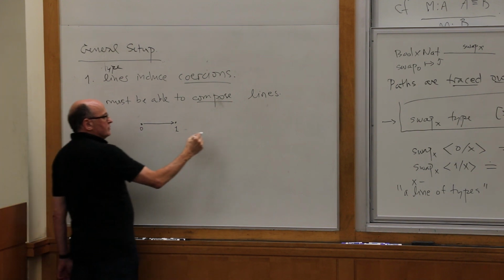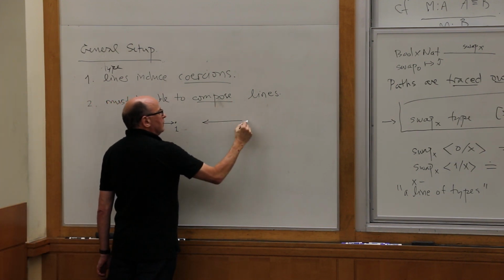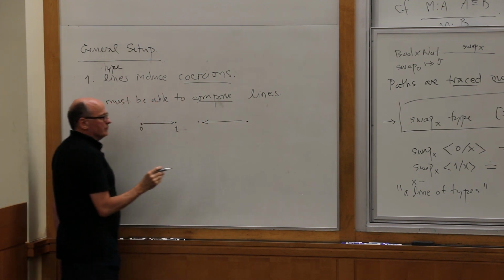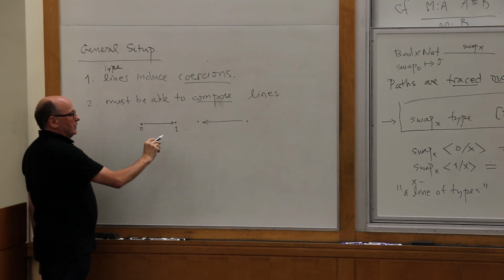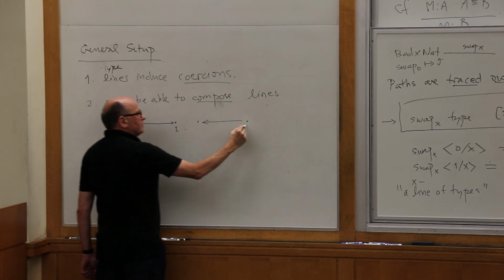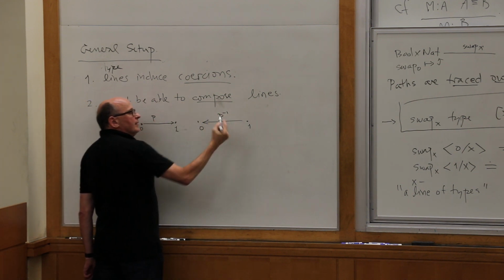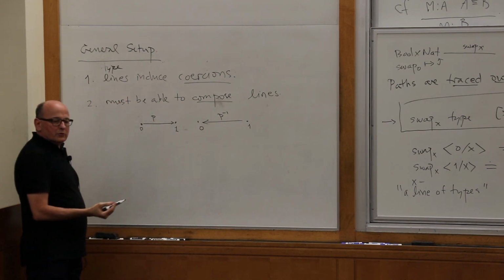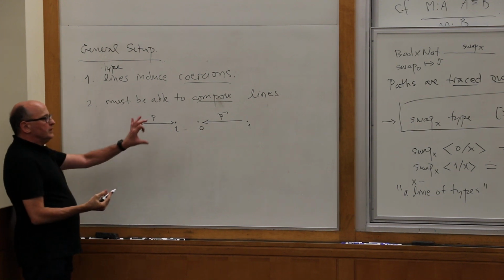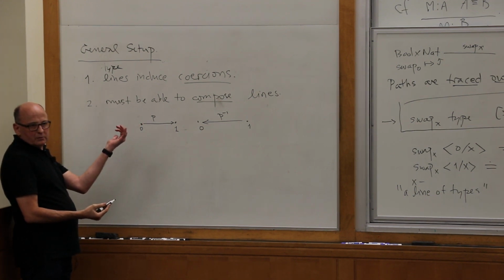It has to be reversible. So that's part of what we call composition for reasons which I'll allude to in a minute. So this is 1, this is 0. If this is a line P, this should be its inverse or reversal, however you want to write the notation, because it witnesses the symmetry of identification.